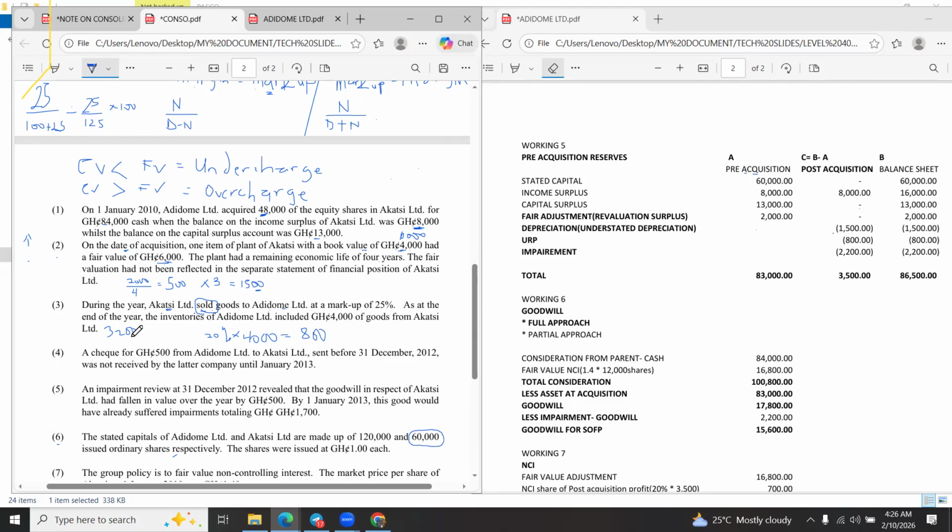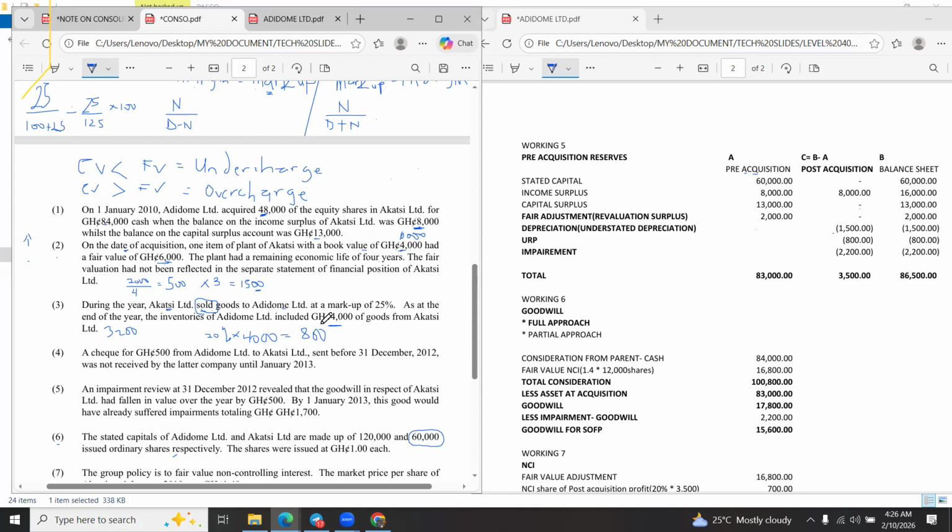Now, that part of the profit that you did not realize, we say come and deduct it from your working. It is called unrealized profit because the goods are still in inventory. As at the year end, the inventories of Adidome included 4,000 of the goods from Akachi, meaning that you've not sold all the goods. The goods are still with you.